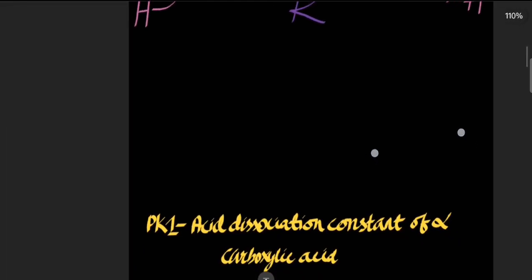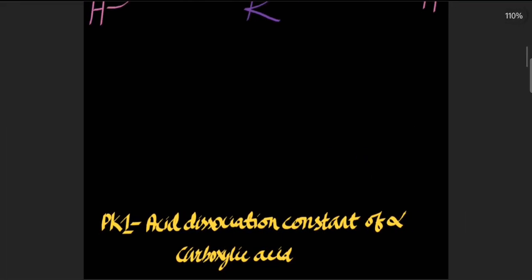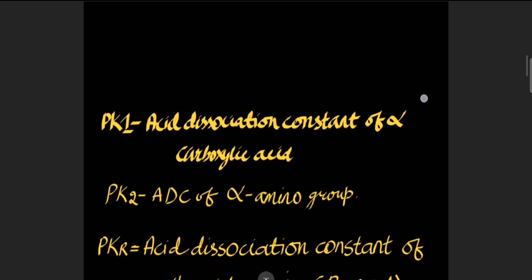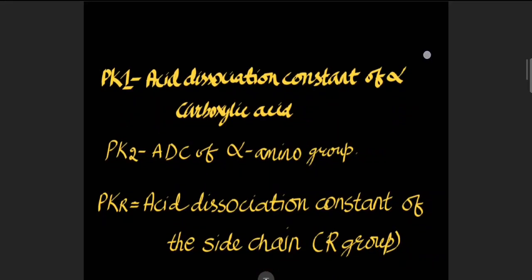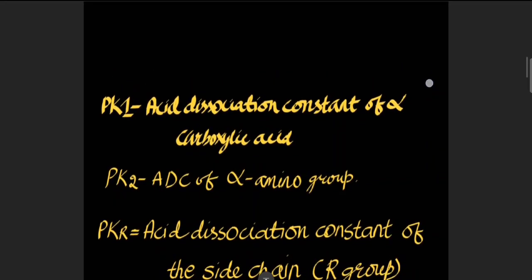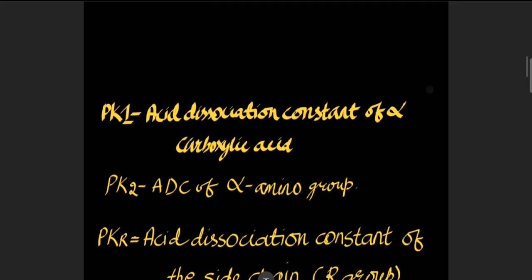One of the most important things that we need to understand is what exactly pKa₁, pKa₂ and pKr value are. As I already discussed in my previous video, pKa₁ is the acid dissociation constant of the alpha carboxylic acid. How quickly does the alpha carboxylic acid of the amino acid lose its hydrogen?